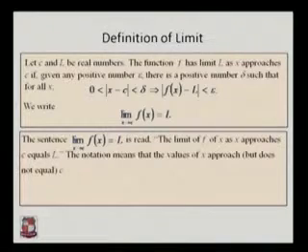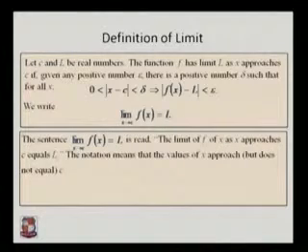The sentence limit x tends to c of f of x is equal to L is read like this: I have mentioned the limit of f of x as x approaches c equals L, right? So don't make a mistake reading this statement.